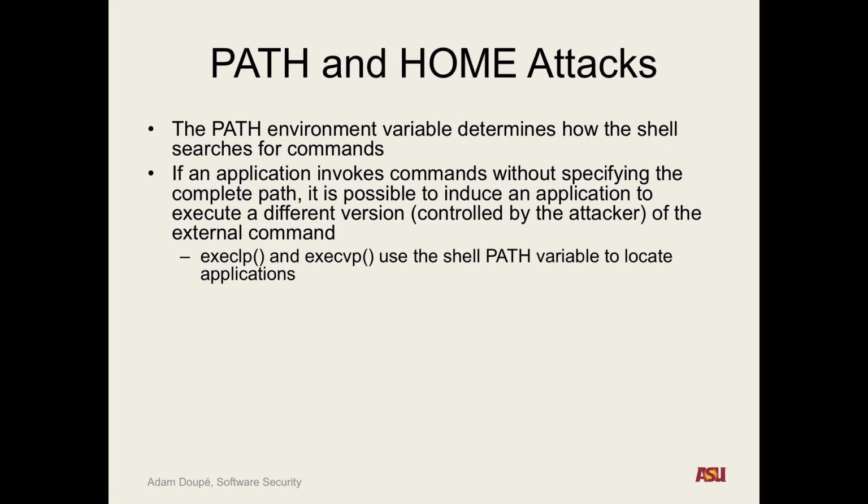So you can call, say, exec ls, and it will look up in your PATH to find the ls program. Because we control the environment that this program executes in, we can get it to execute our version and not somebody else's, or our application.